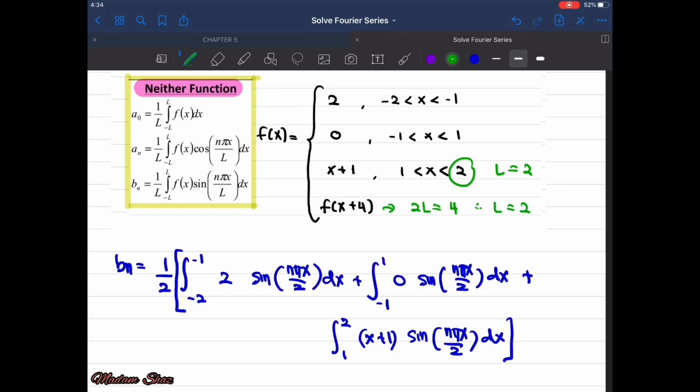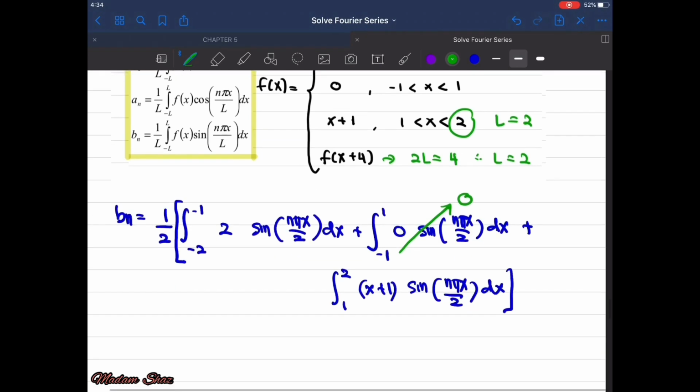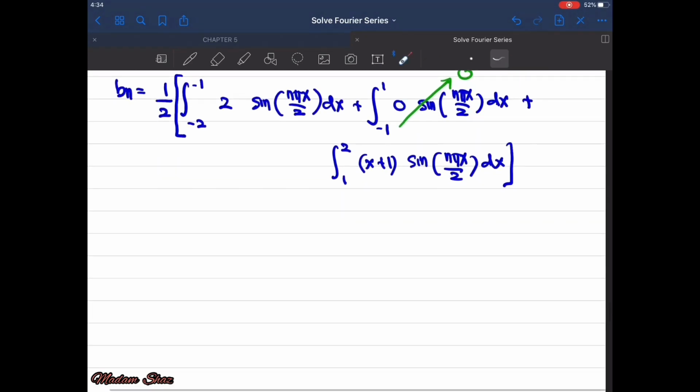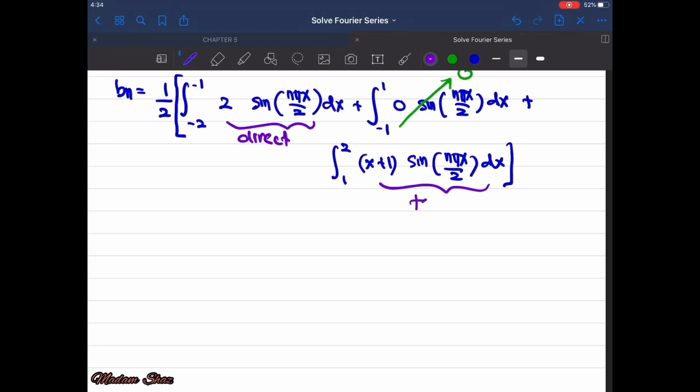So the same thing, 0 multiply anything, this one automatic will become 0. So we have to integrate 2 multiply with the sine by using direct integration, and x plus 1 multiply with the sine n pi x over 2 by using tabular method. So this one direct, this one by using tabular method.